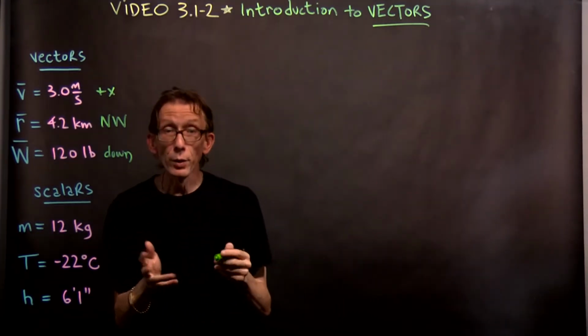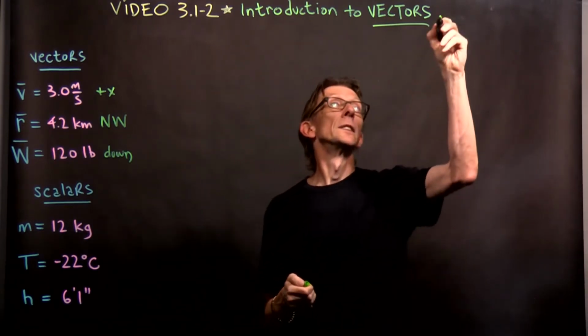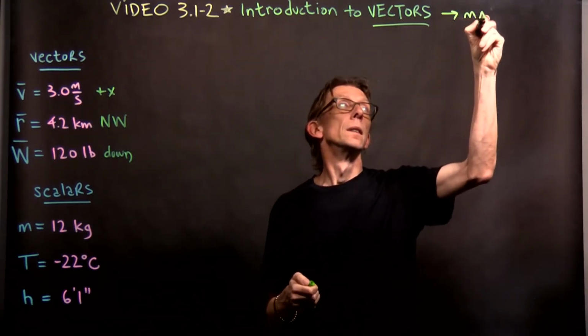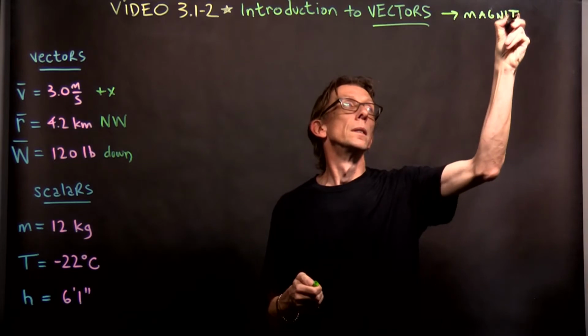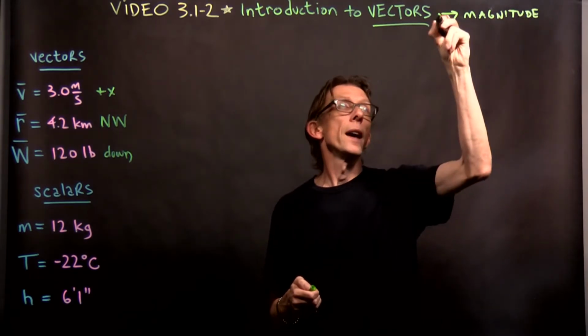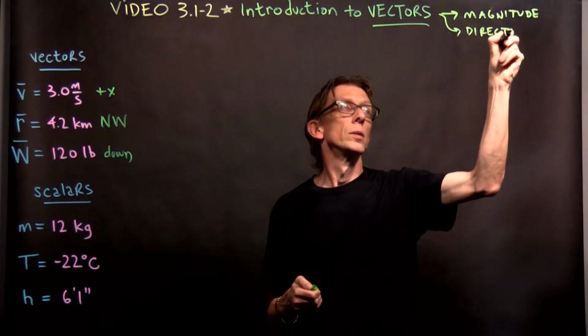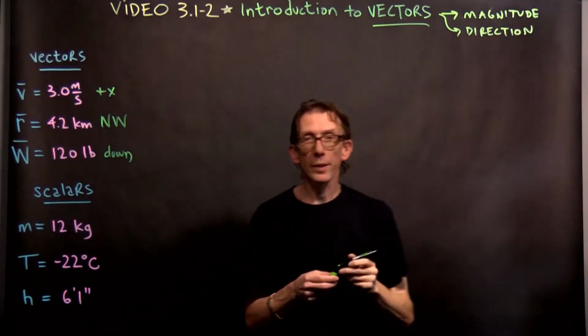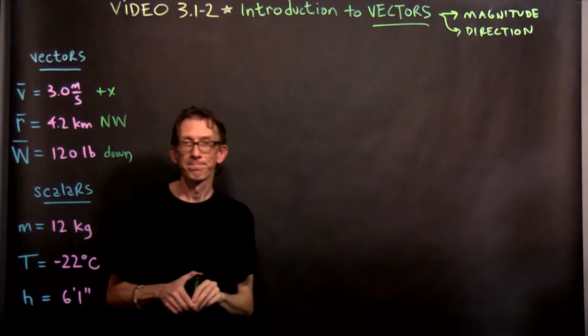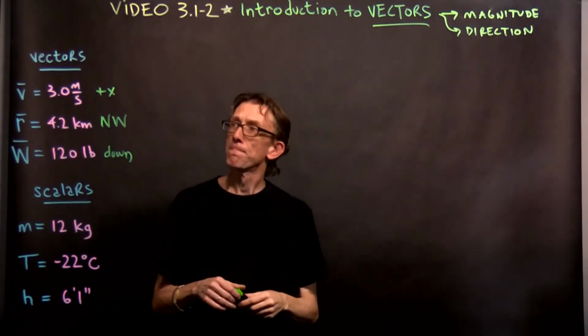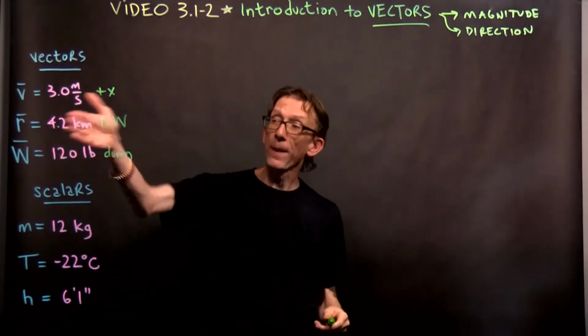It has a magnitude, and it has a direction. Two parts. As an example, we have three vectors I've drawn here.